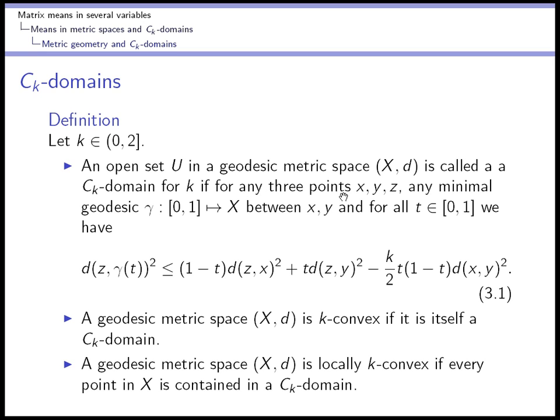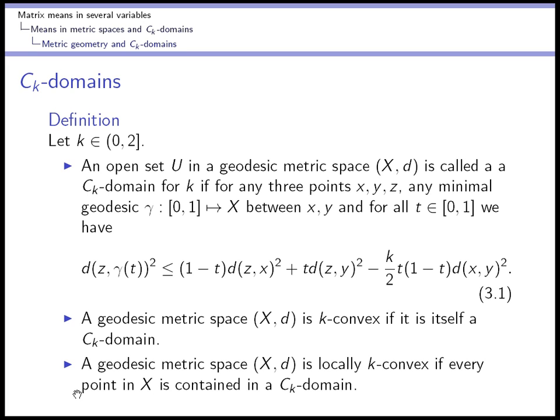If for any 3 points, x, y, and z, we connect x and y with a minimizing geodesic gamma, for that gamma, we have the following inequality. Now this says that actually we have a geodesic, that is x and y. We have some point z here.